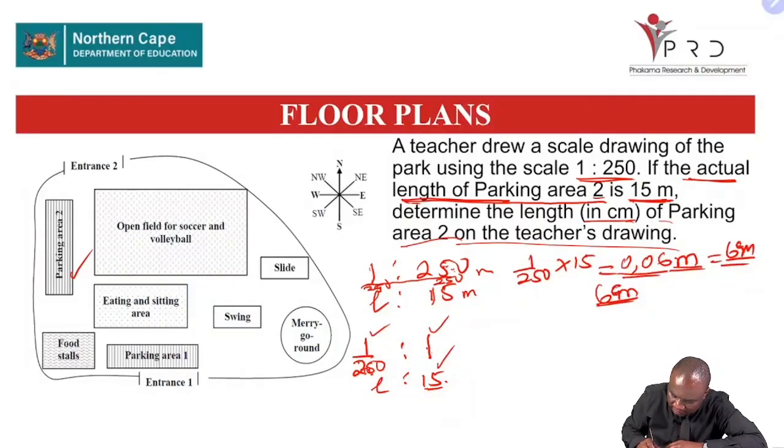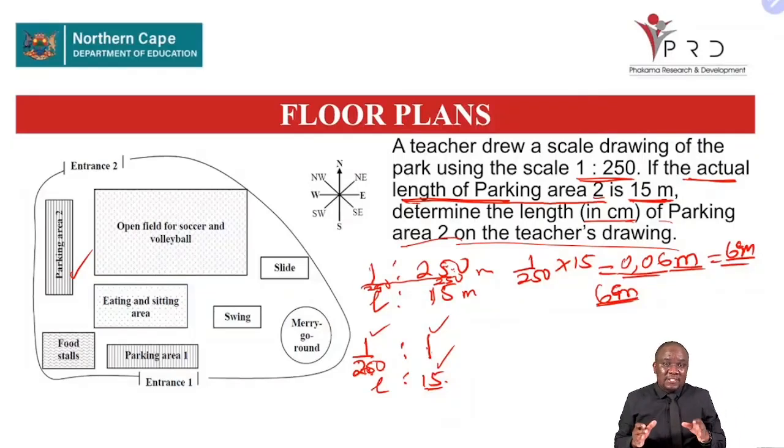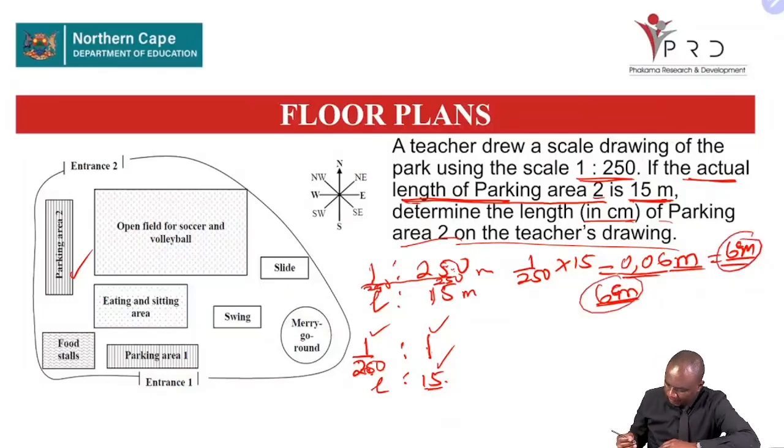Centimeters. 6 centimeters. Okay? Makes sense? If I was finding the distance on the map and found that it's 6 meters, how do I fit 6 meters on a paper? So this answer makes sense, like I said when we studied our lesson.